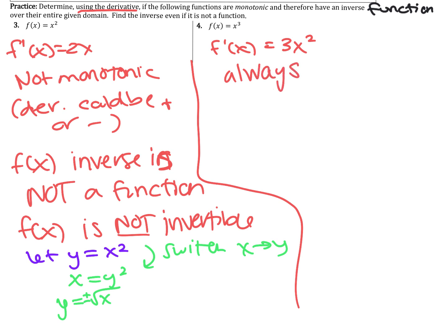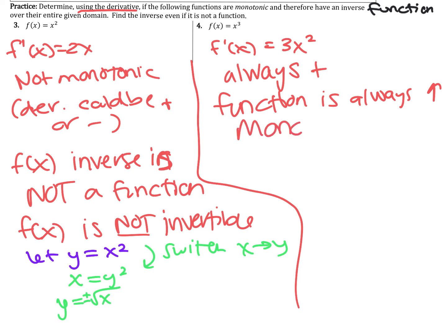The derivative is always going to be positive, which means that the function is always increasing, which means it is monotonic. If it is monotonic, that means it is invertible.